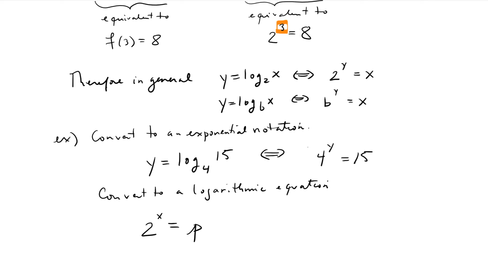How would I convert this? I would say that x is the exponent, so x is my log. It's the log in base 2 of p. So it's the exponent to which I raise 2 in order to get p.